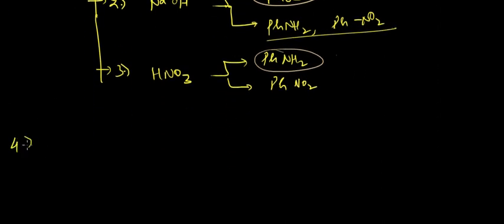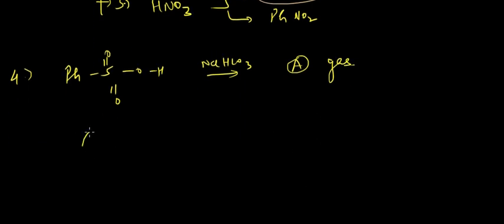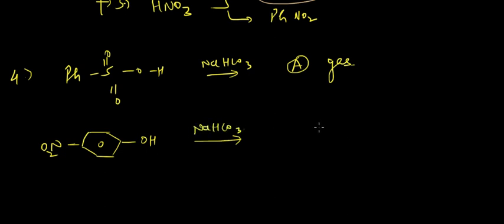What happens when we react benzene sulfonic acid with NaHCO3? Suppose we get A gas. Now what happens when we react the NO2 compound with OH in presence of again NaHCO3, we get B gas.